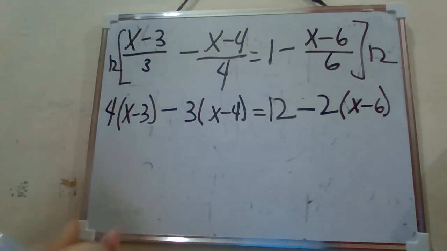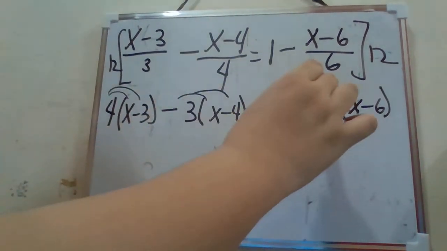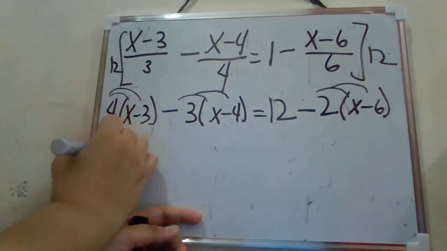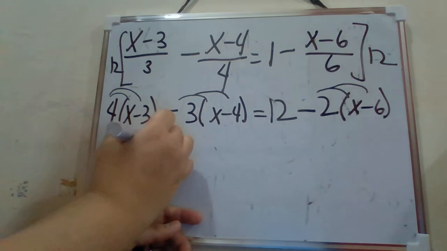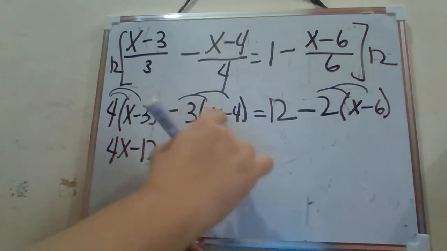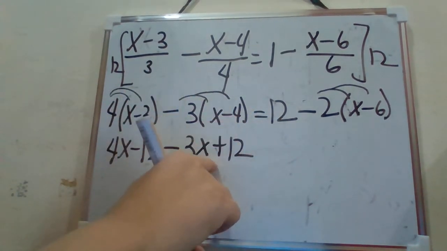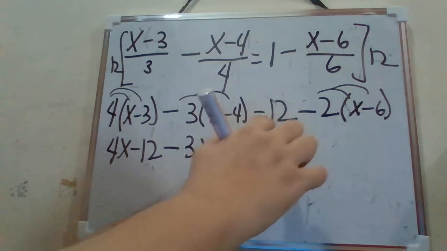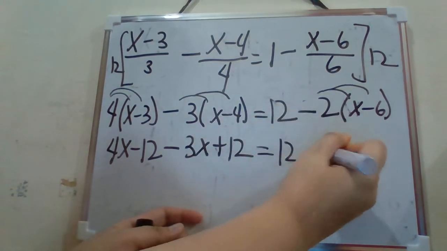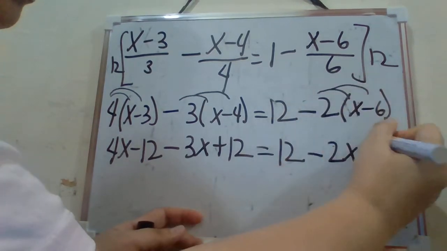Then we distribute here, distribute there, then we distribute on the other side. So 4x minus 12 minus 3x plus 12. Remember, negative 3 times negative 4 is positive 12. Equals 12 minus 2x plus 12.